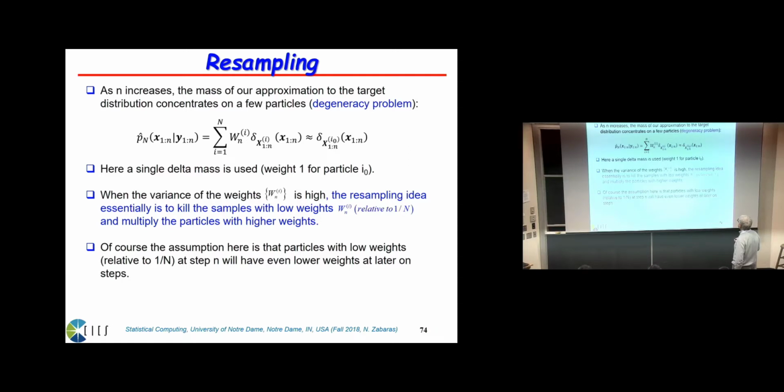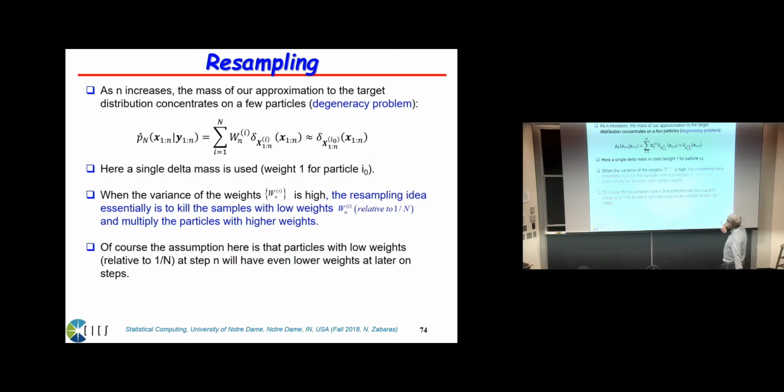All right. So an extreme idea of resampling: let's say this is the approximation that you get with sequential Monte Carlo, and out of all the samples, only one sample actually has significant weight. Then what you do is you get rid of all the other particles, and you only keep one. But this is not very good, right?